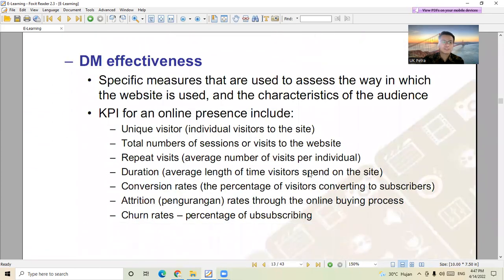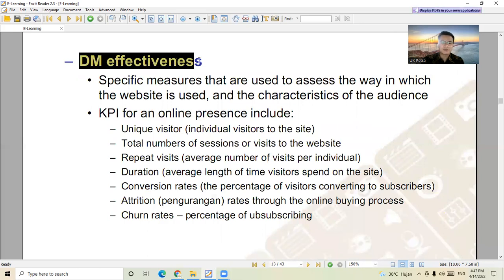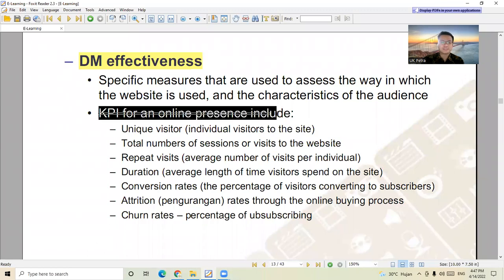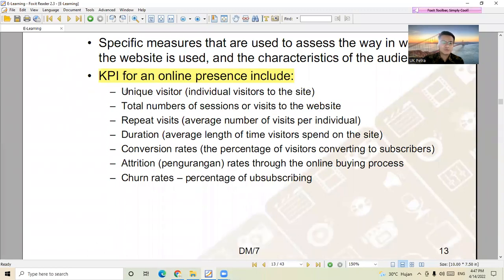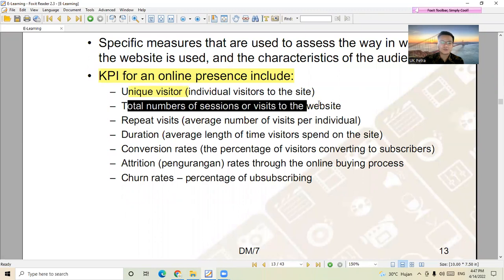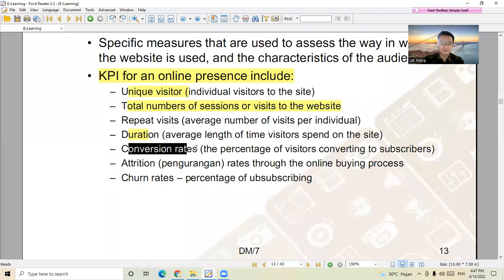And the last one, the most specific one, is the digital marketing effectiveness. We can measure this using several measures, what we call KPIs for online presence. For instance, the unique visitors, total number of sessions or visits to the website, the repeat visits, durations, conversion rates, attrition rates, and churn rates.